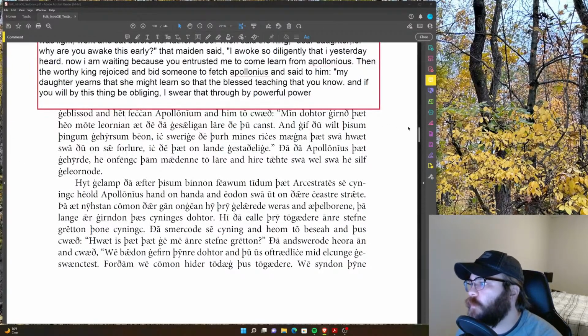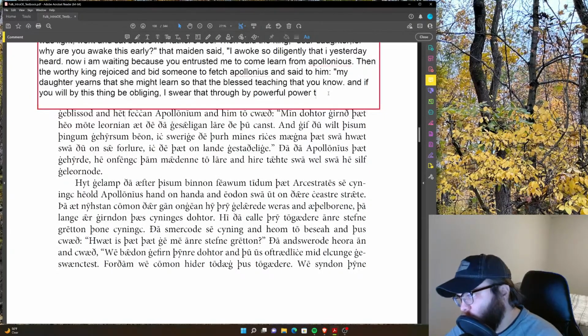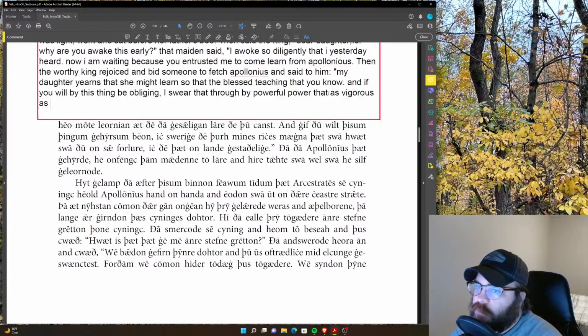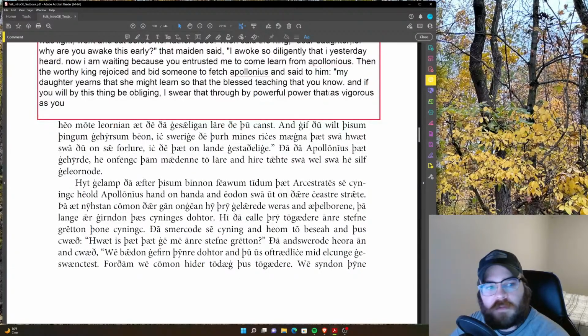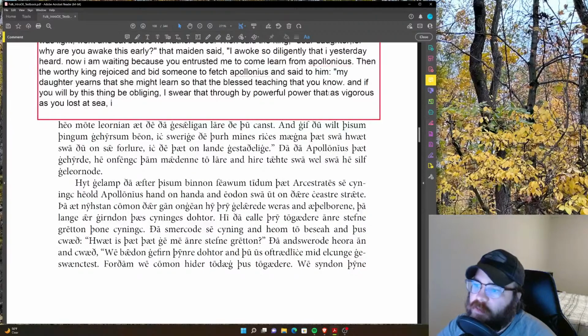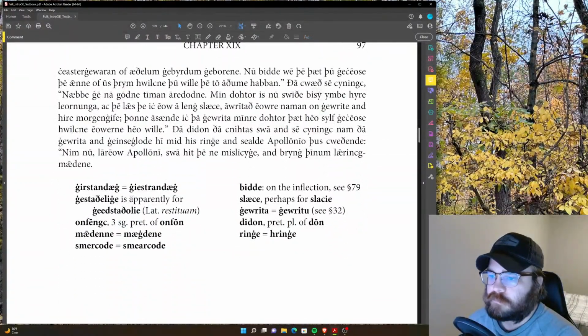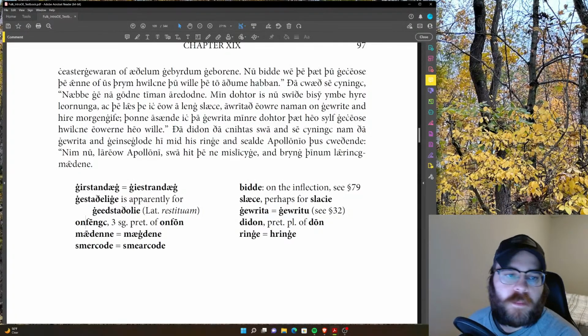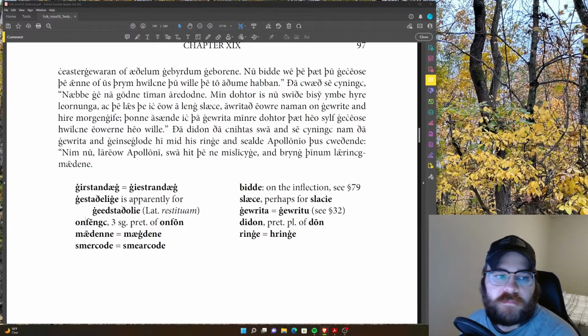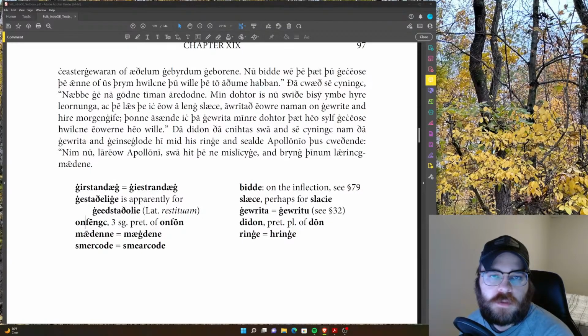I swear through my powerful power that as vigorous as you lost at sea, I each that on land estalage. That is one of the words down here. Yeah, thanks for the restitutum. That means nothing to me because I don't speak Latin. Yet. Shall. Eventually. Maybe. Potentially.